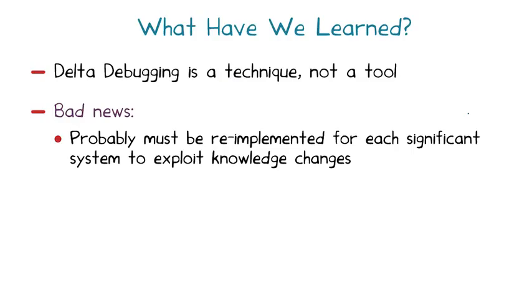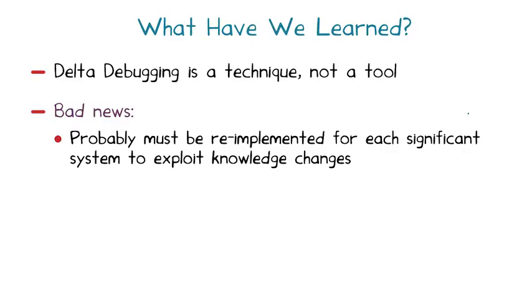It needs to be re-implemented for each significant system in order to exploit knowledge of changes that are specific to the system. For example, a delta debugging implementation for testing whether Mozilla's browser crashes differs from one for testing optimization flags for the GCC compiler. These two scenarios have different notions of what constitutes an elementary change.